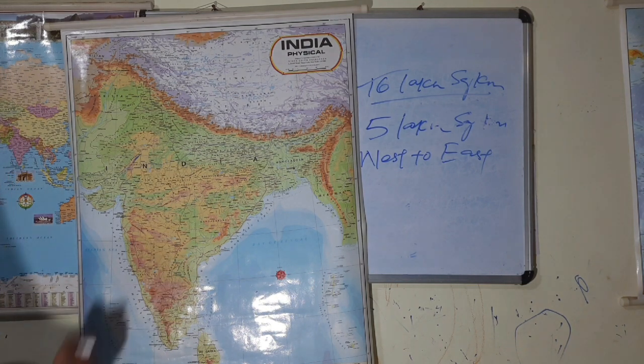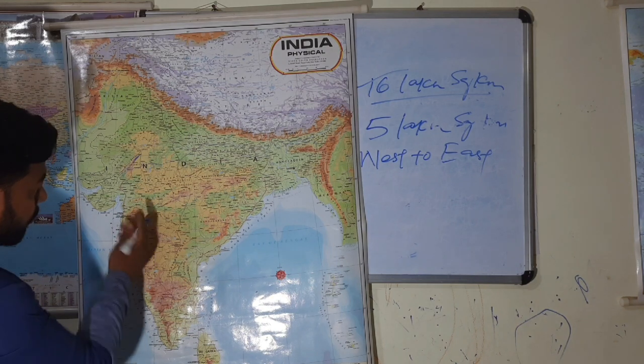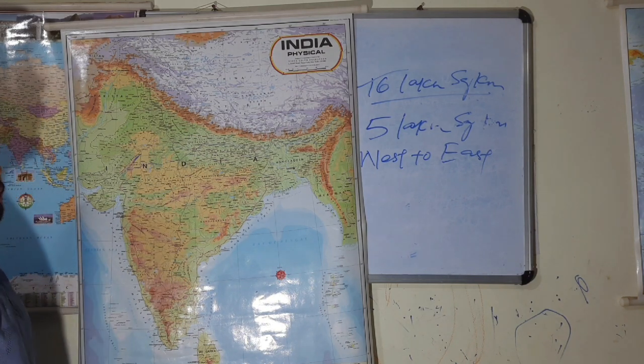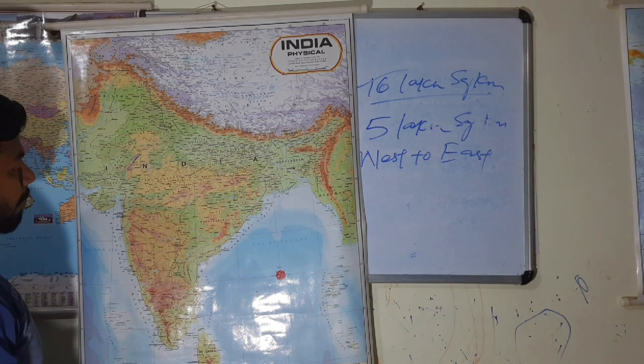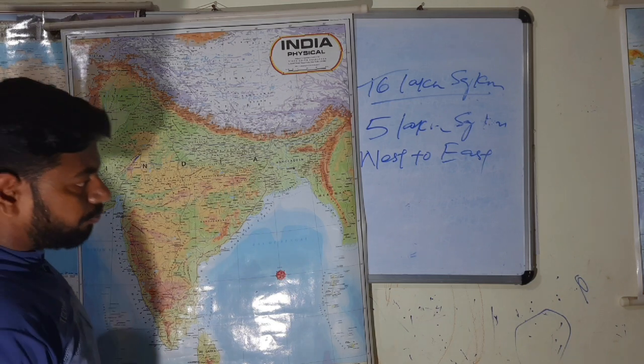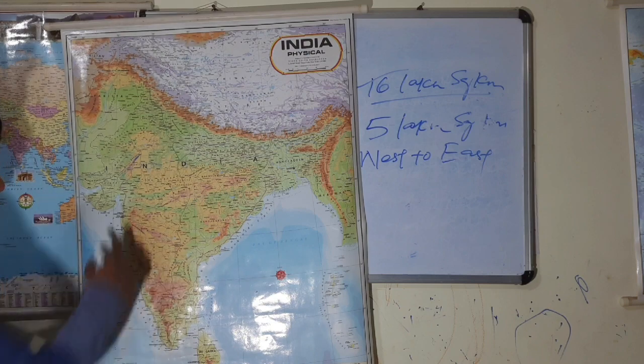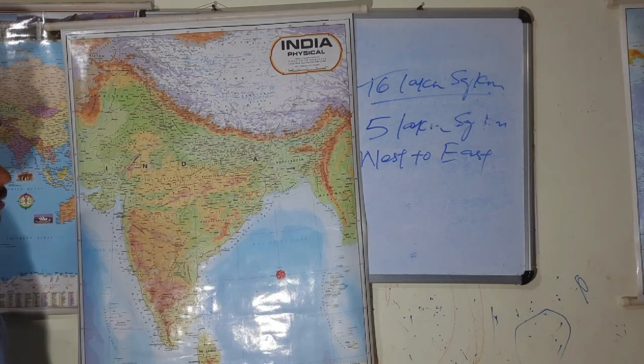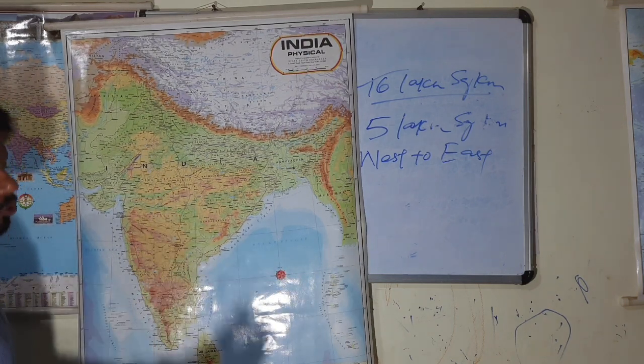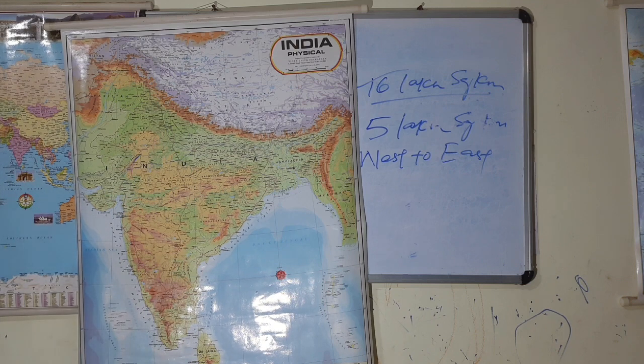Godavari originates from the northern part of Maharashtra, from Triambakeshwar, where one of the Jyotirlingas is also located. Krishna originates from Mahabaleshwar.